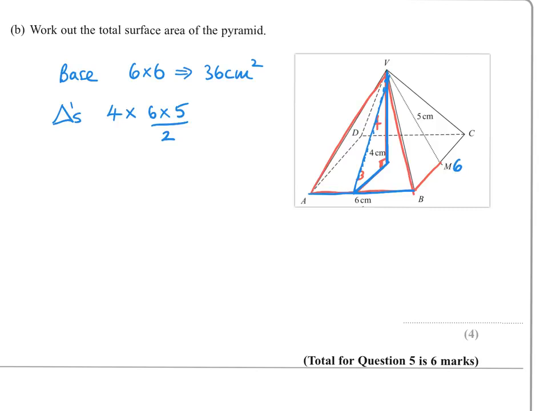So we can cancel that down, and that gives us 4 times 3 is 12, times 5 is 60 centimetre squares, and then we just add these two together, and that gives us a total of 96 centimetre squares.